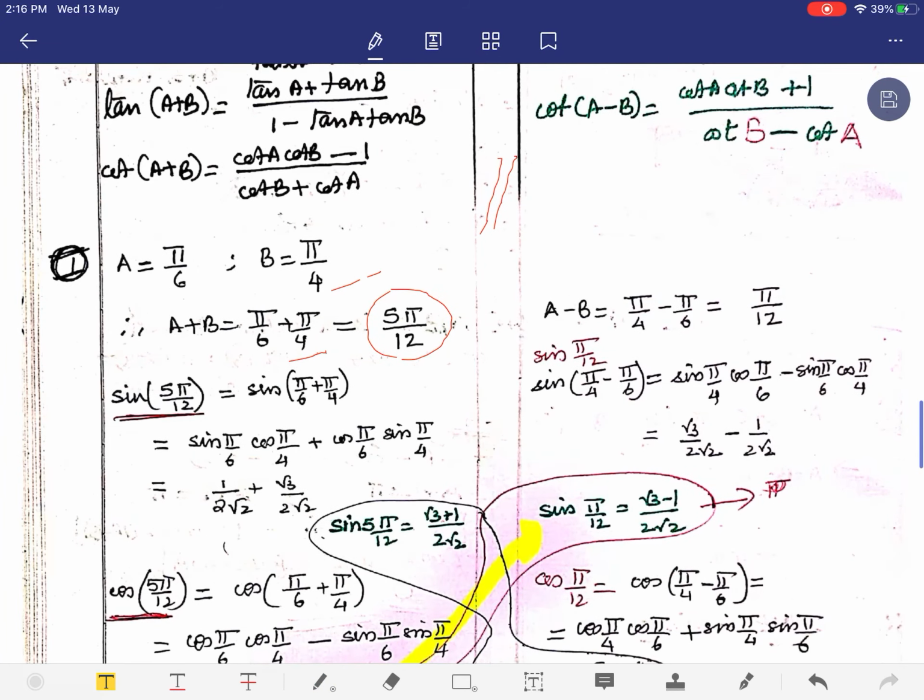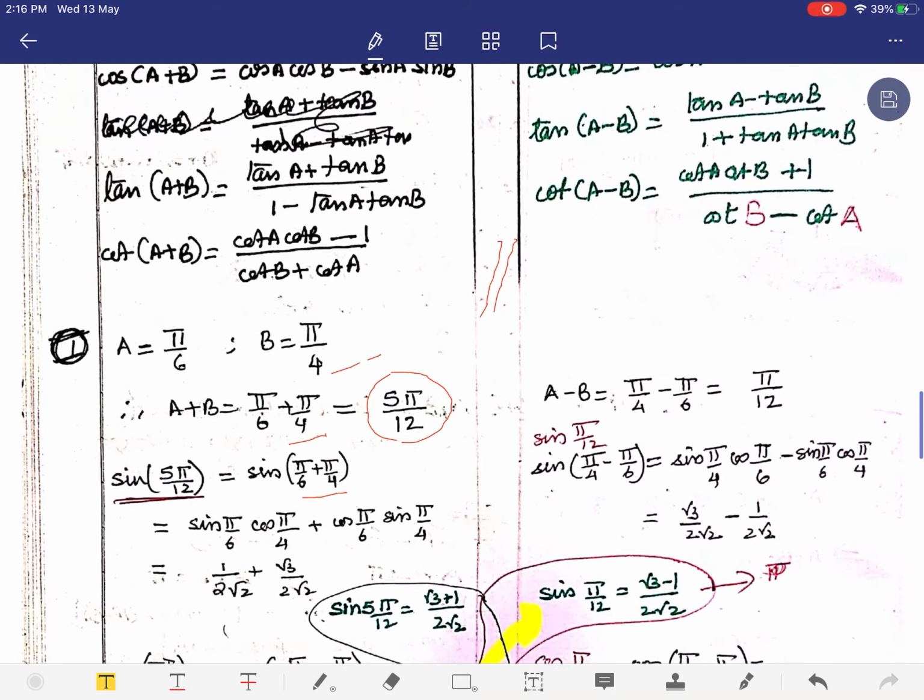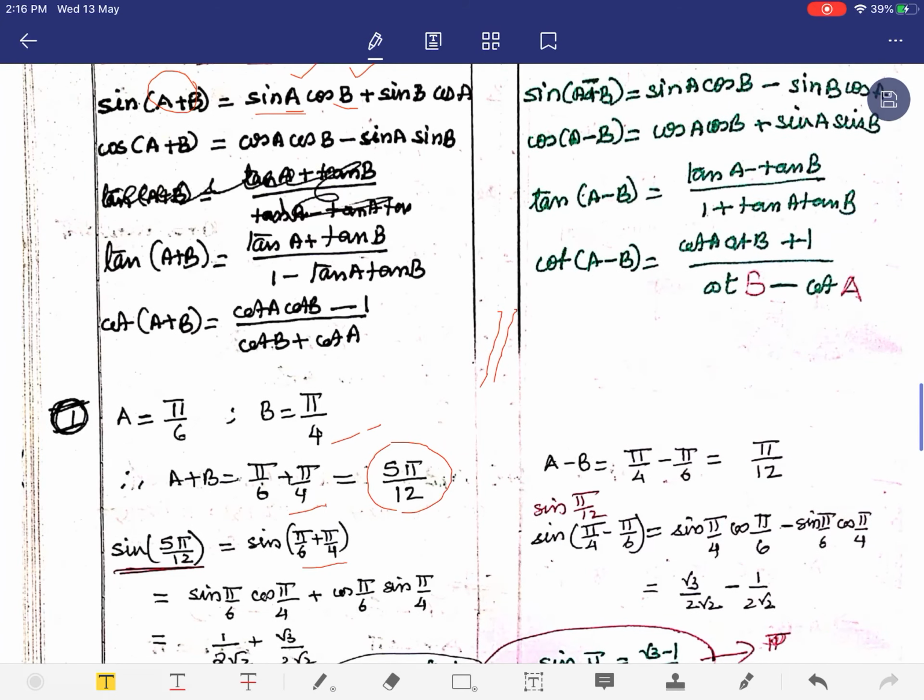To start with, I have started with sine of 5 pi on 12. I have expressed it in terms of A plus B, the sum of two angles, and the formula says it is sine A cos B plus cos A sine B, that is sine pi on 6 cos pi on 4 plus sine pi on 4 cos pi on 6.